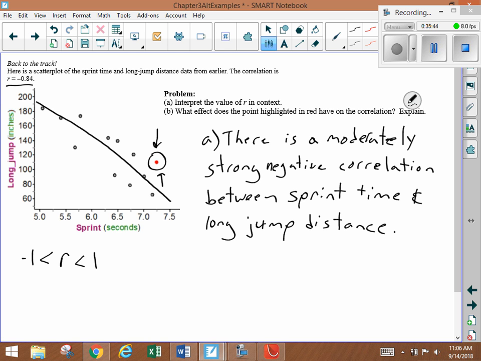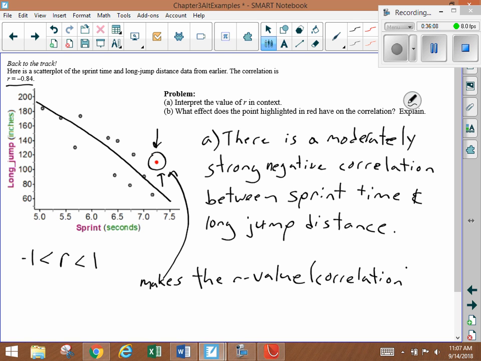But your R value is actually increasing. It's already negative, you know what I'm saying? The R value is negative. So this point makes the R value, or the correlation, closer to 0.